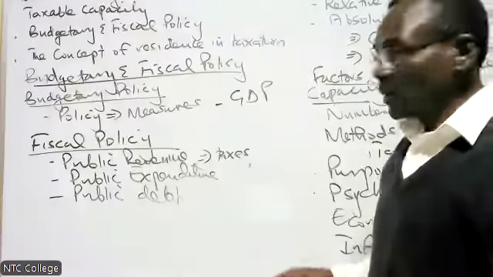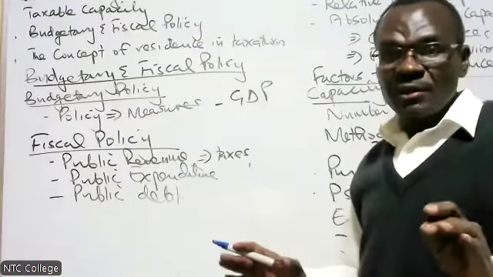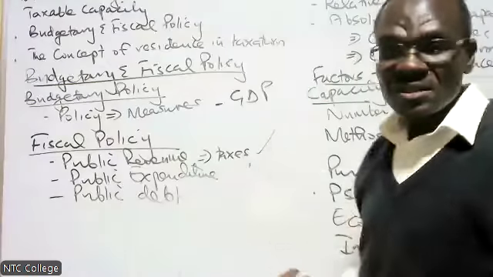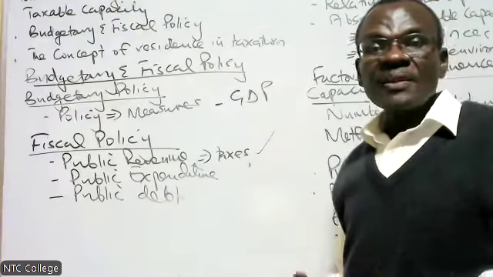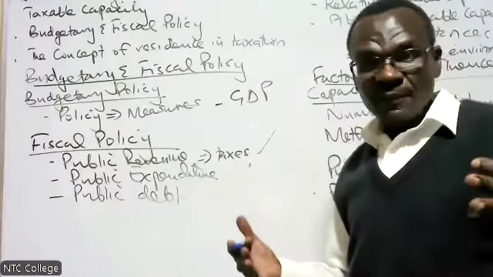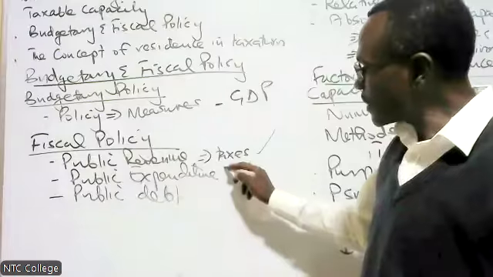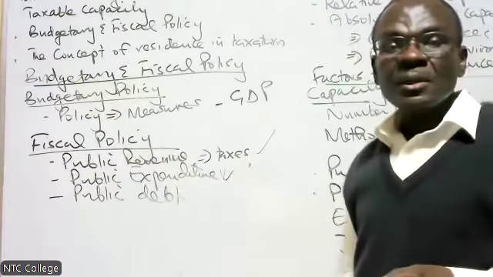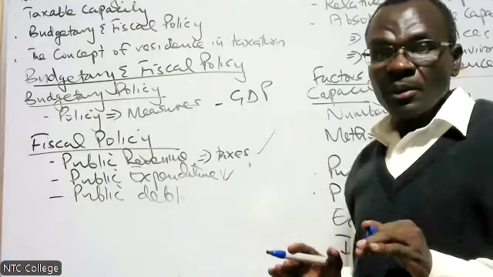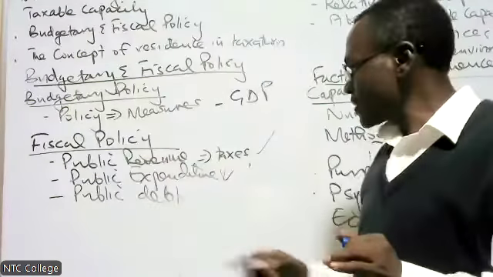So if the government senses that there is too much money in circulation, causing inflation, they increase rates of taxes to reduce the amount of money available to spend by households. It's called disposable income. The government will reduce expenditure on projects. It will plan fewer projects so that less money can be spent.